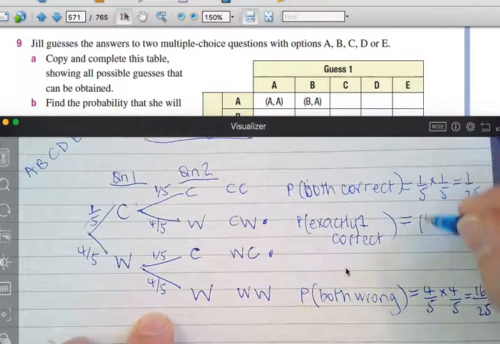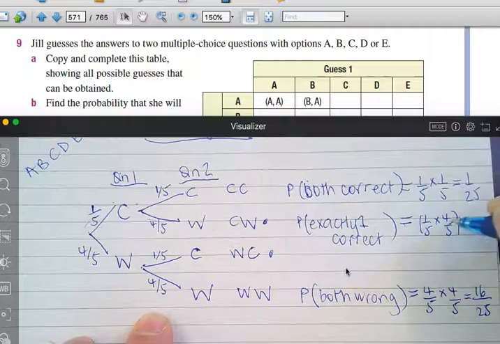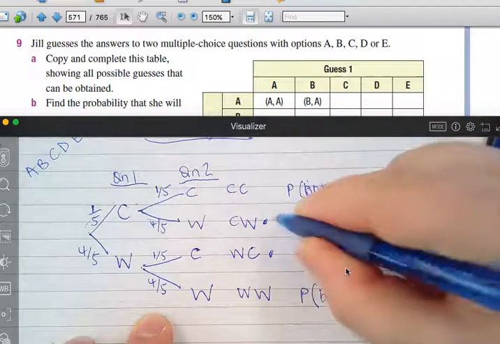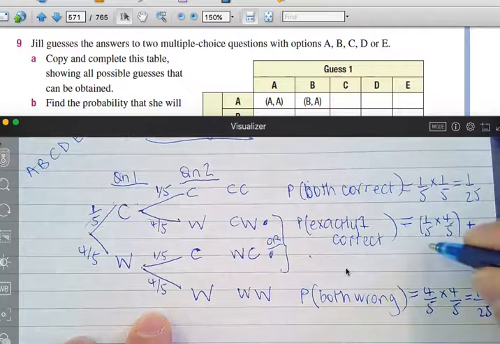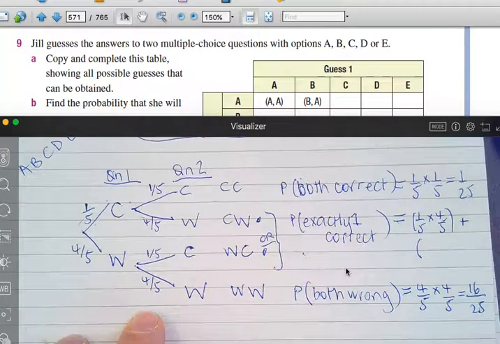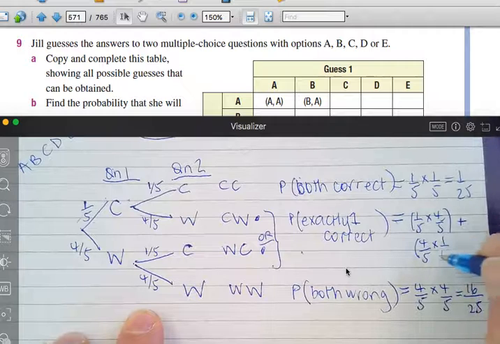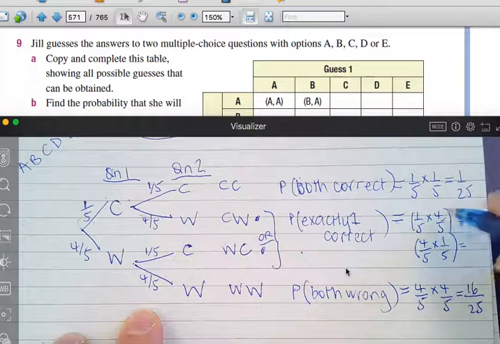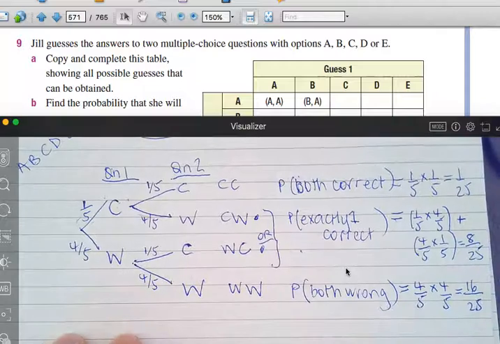Yeah, so you've got 1/5 times 4/5, or means plus. So it's those two. I've got that one or that one. Or means plus. And how do I do the next one? 4/5 times 1/5. And that was our answer before. 4/25 plus 4/25 was 8/25.